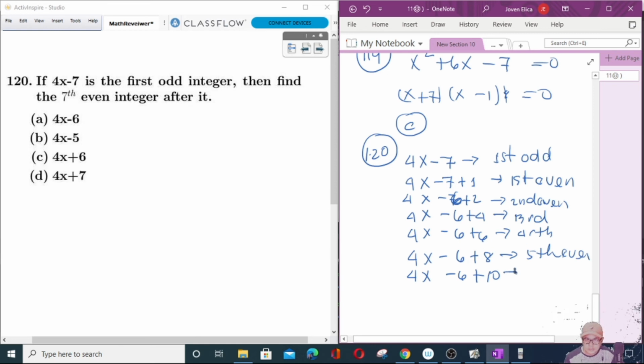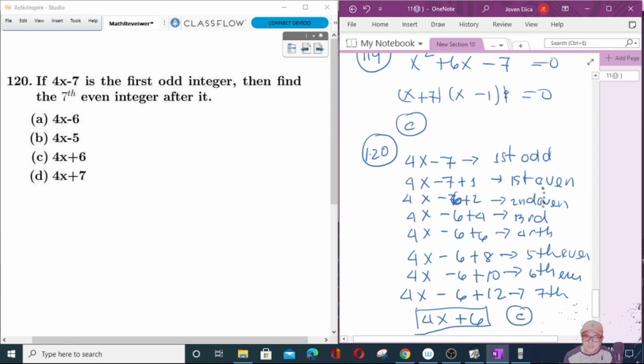This is the sixth even. And then 4x minus 6 plus 12. So this is the 7th. So this is 4x plus 6. The answer is 4x plus 6, letter C.